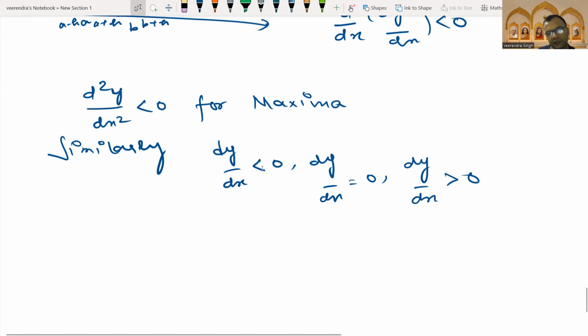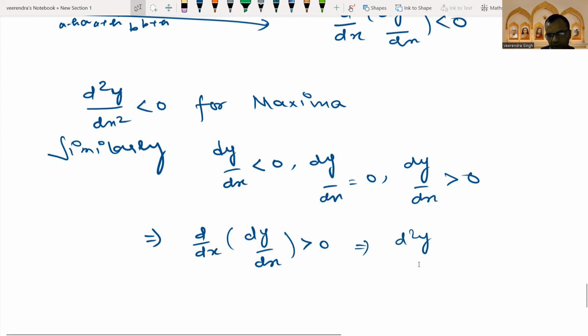So here we can see that the slope is continuously increasing. For an increasing function, the derivative of that function is greater than 0, which means d by dx of dy by dx is greater than 0, which means d2y by dx square is greater than 0. So this is the condition for minimum.